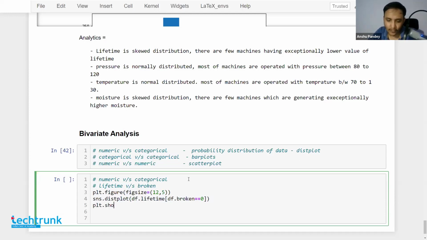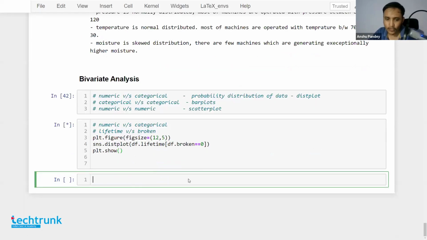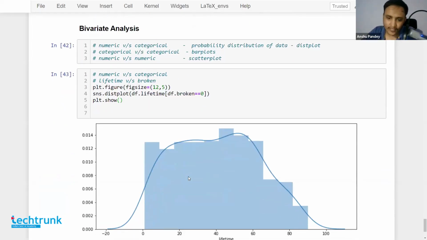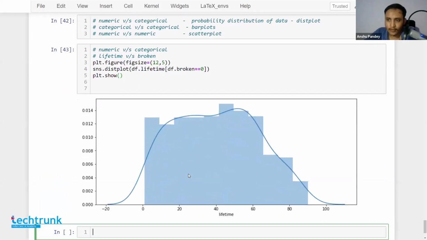If I simply do plt.show, this graph at the moment simply represents the distribution of lifetime of the machines which are not broken.